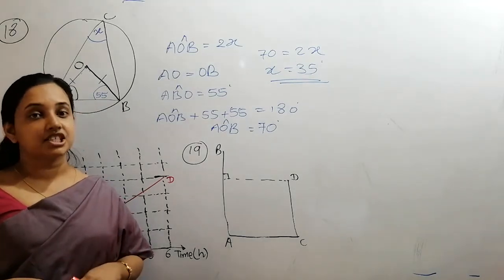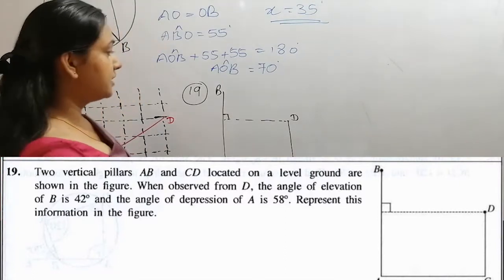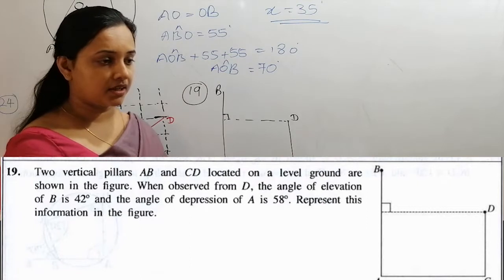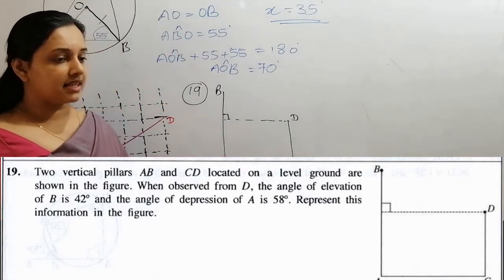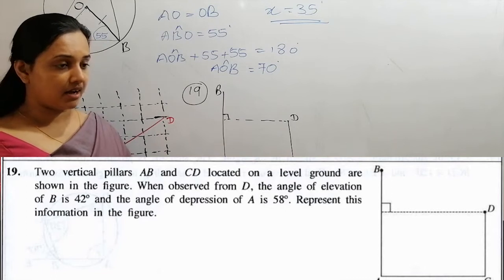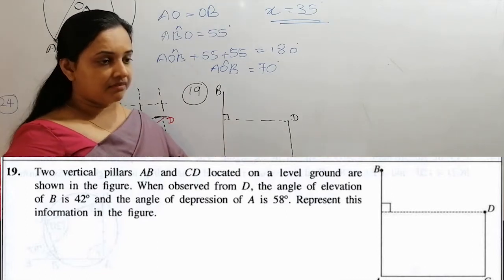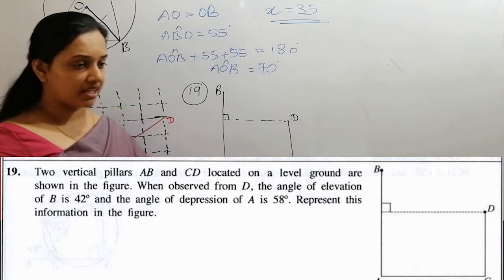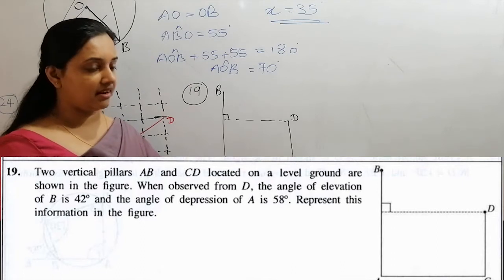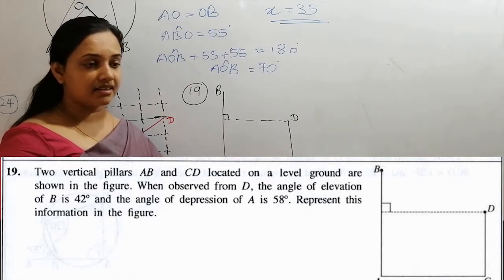Then look at question number 19. Two vertical pillars AB and CD located on level ground are shown in the figure. This is the figure. When observed from D, the angle of elevation of B is 42 degrees and the angle of depression of A is 58 degrees.